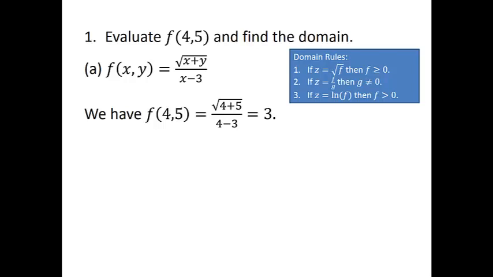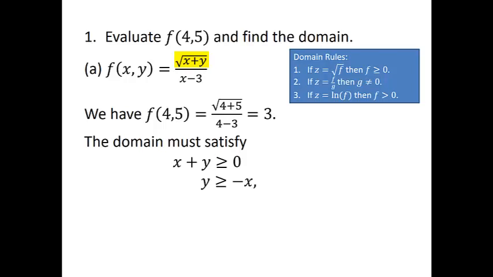So when we look at our function, we see there are going to be two domain rules coming into play. We have a square root and we have a quotient. Let's focus on the square root first. We first see that the domain must satisfy that the quantity under the square root, x plus y, must be greater than or equal to 0.